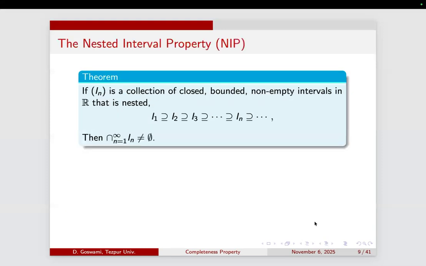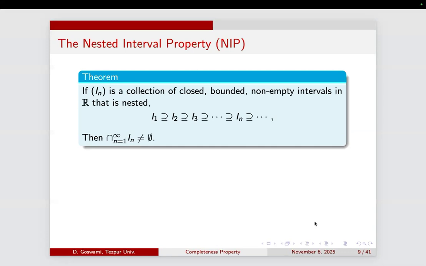So here comes the first one, NIP. Although I believe you have seen this, the nested interval property. When we talk about the completeness property of R, we talk about a bounded set and some property of the bounded set, for example, that it has a supremum.